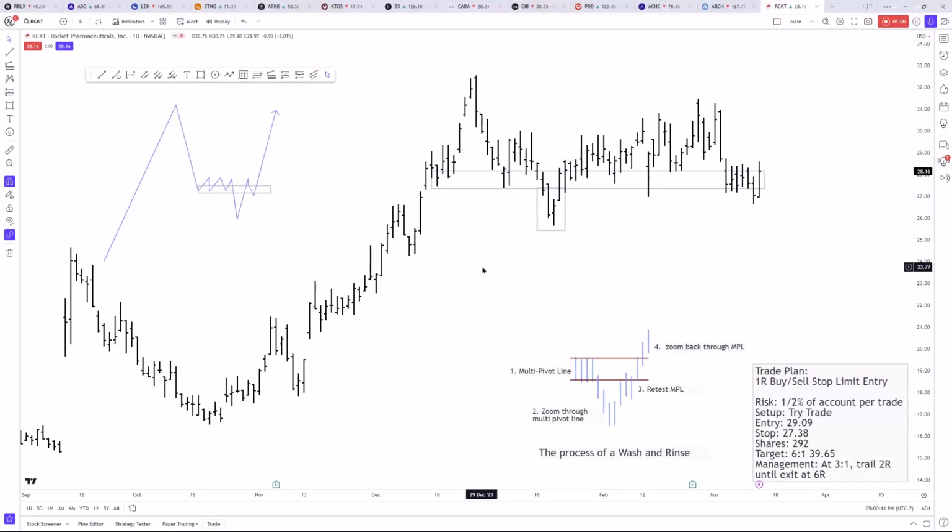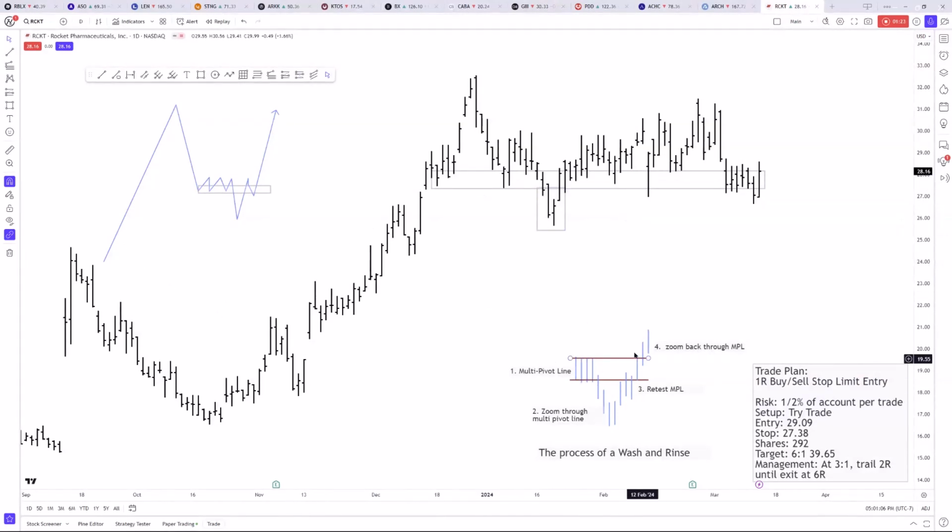So, like I said, I want to talk about support and resistance a little bit. And there'll be a series. This is going to be something simple. So I'm going to be talking about a piece of market structure called the wash and rinse. Market structure is just right. There's different structures. There's a swing structure. Maybe there's a mountain. Maybe there's a V. It's part of the language of price here.